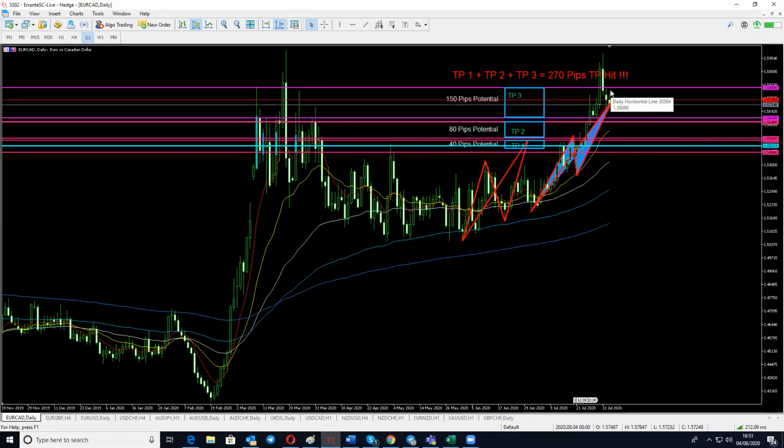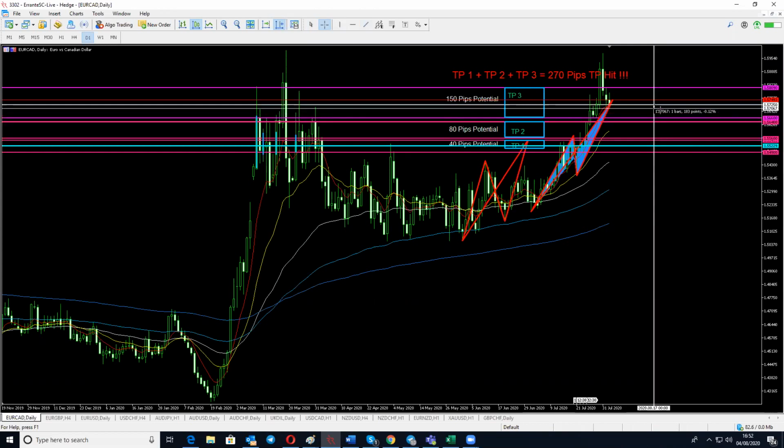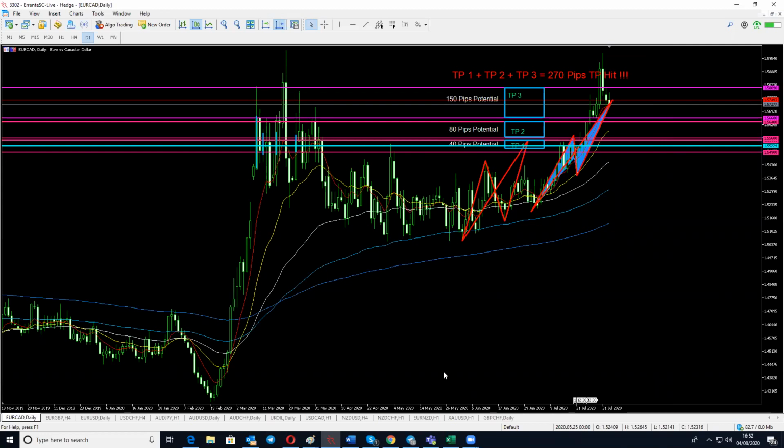What I expect the market to do following the cup and handle pattern, which is quite a beautiful pattern, is that it has reversed quite nicely, as expected, and that reversal should take it down to this 1.5522 or 1.5523 area. From where price is now to that area, that's about a 200 pips fall. So I'm expecting a 200 pips fall first to solidify that cup and handle pattern.